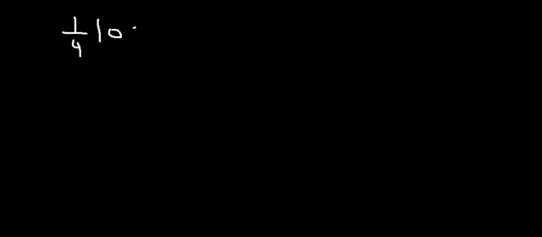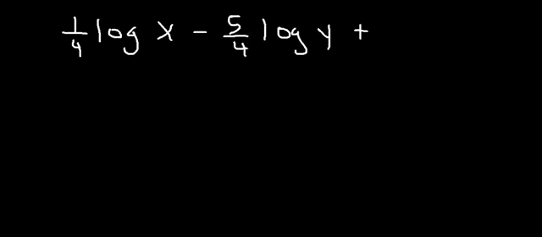So 1/4 log x minus 5/4 log y plus 3/4 log z. Now at this point, we can factor out a 1/4, but we don't have to. We could do it now or later, but let's do it later.